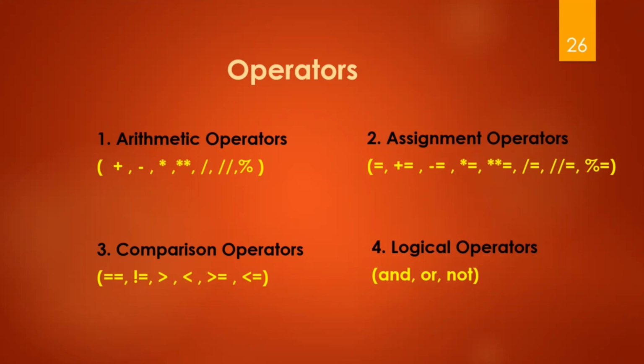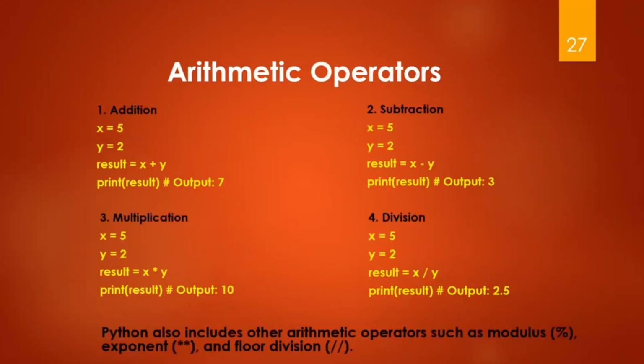First we will move on to the arithmetic operators. In arithmetic operators, there are around 7 types of operations that can be done.